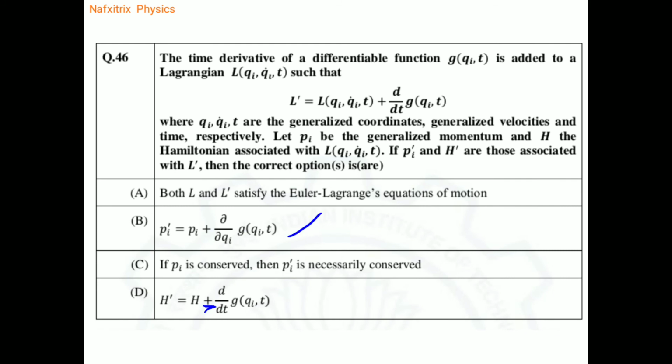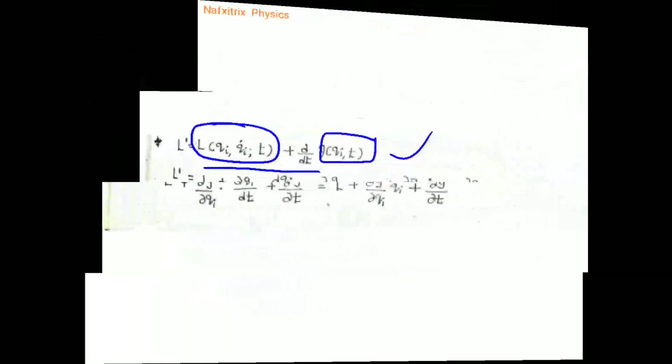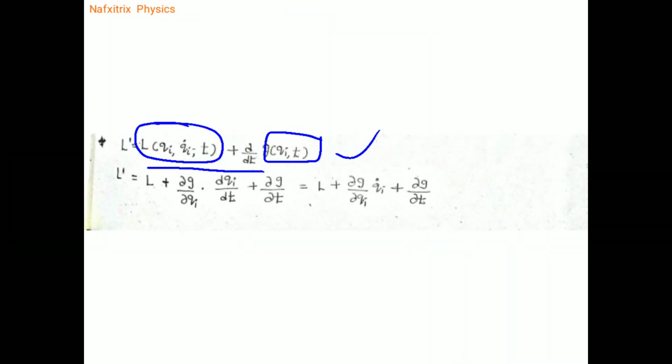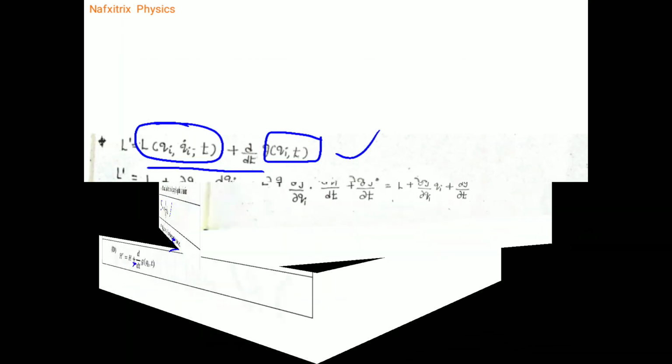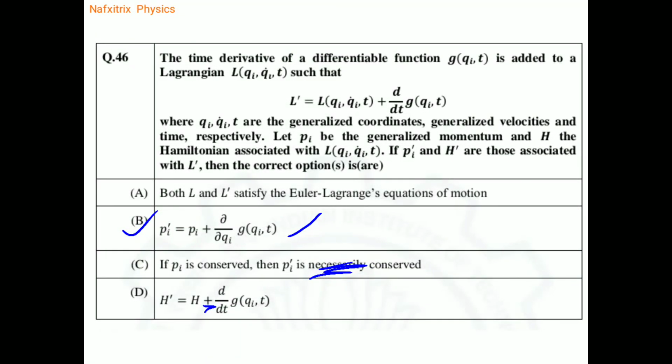So this option is correct. The next option says if pi is conserved, then pi dash is necessarily conserved, but we have found that it cannot be concluded, because ∂g/∂qi may or may not be constant in time. So this is not the correct option.